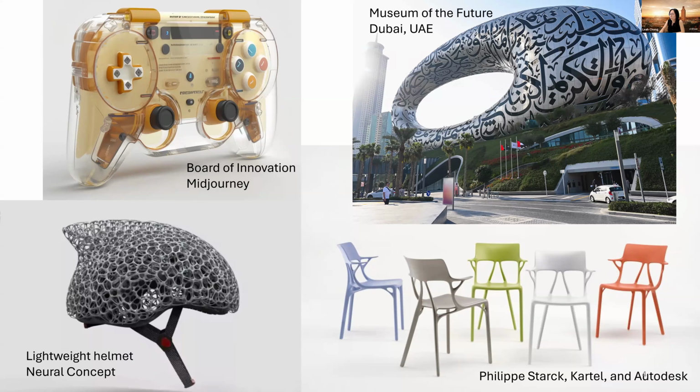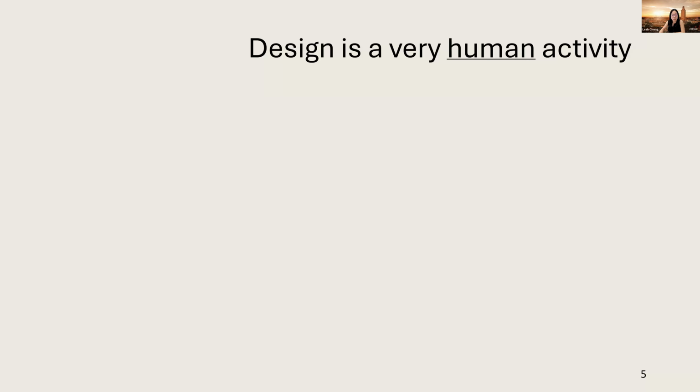There are so many different applications, and AI has been showing a lot of potential in coming up with creative and cool ideas, but also in engineering design, really optimizing the designs, like the lightweight helmet that you see at the bottom. It's very cool, very exciting applications of AI. However, something that I want to pose to you is that design is a very human activity.